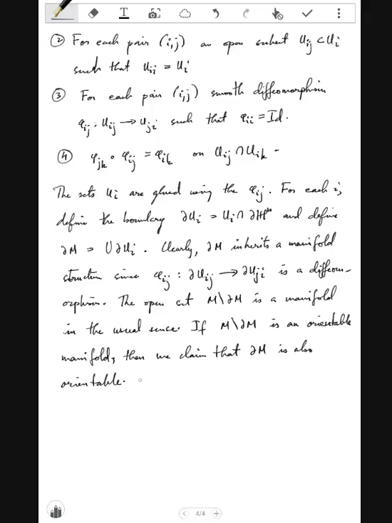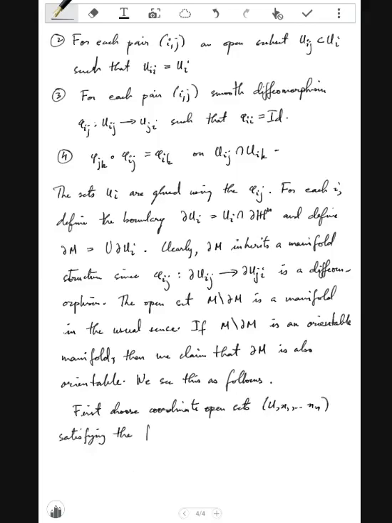So we see this as follows. First, choose coordinate open sets U, x1 through xn, satisfying the following two conditions.